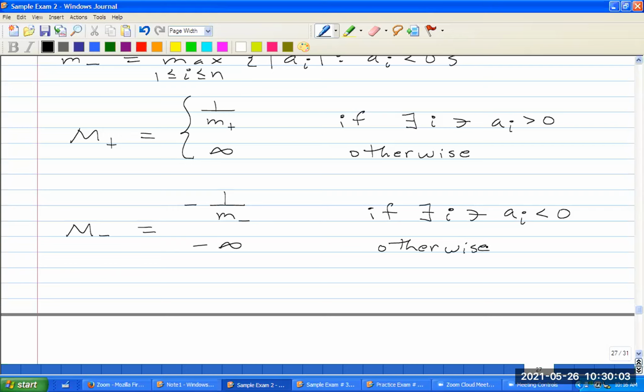So in the default case, the domain of f is m minus to m plus. Actually, it's the compactification of that.